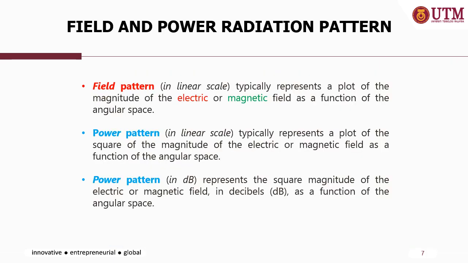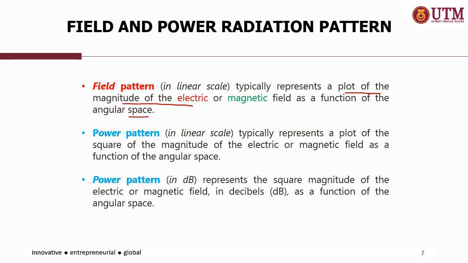These are the basic definitions of field pattern versus power pattern, either in linear scale or in dB. For field pattern in linear scale, it represents a plot of the magnitude of the electric or magnetic field as a function of space.